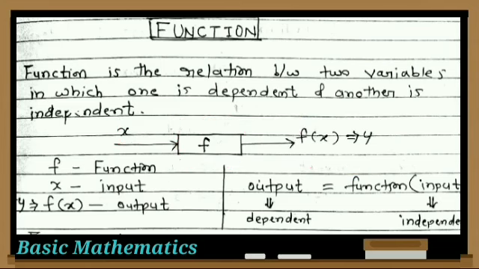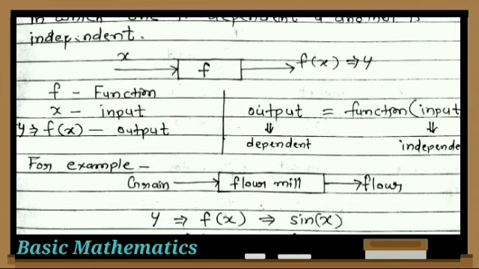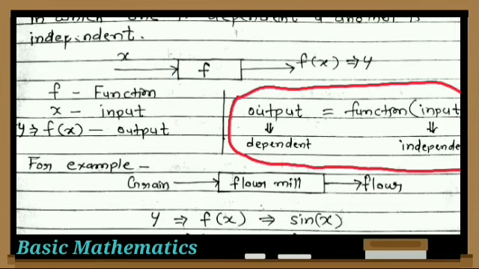f(x) is also called function of x. I represented this terminology in another way. As you can see here, output equals function bracket input. That means we provide the input to the function, and the function processes it and gives the output.